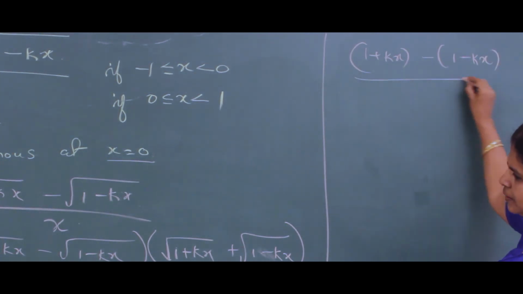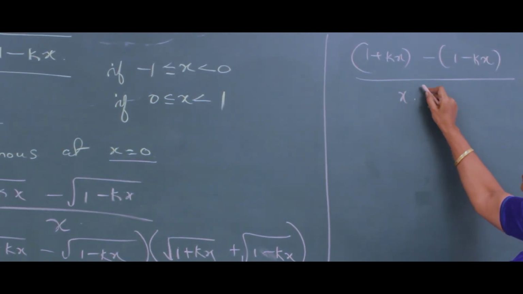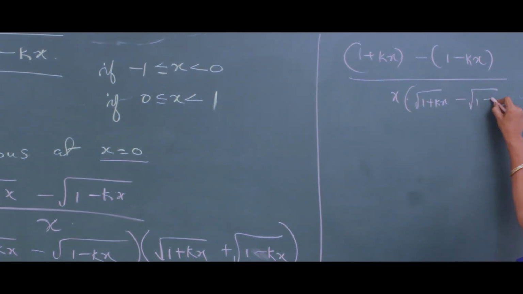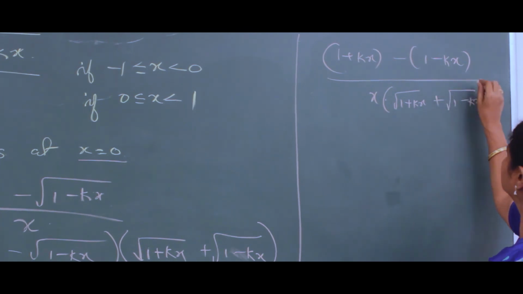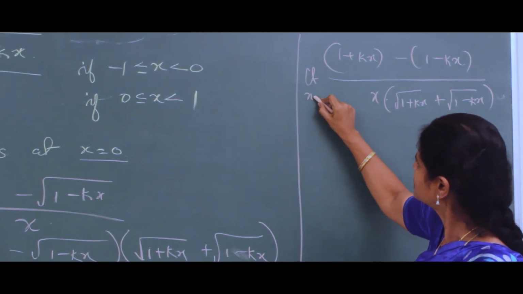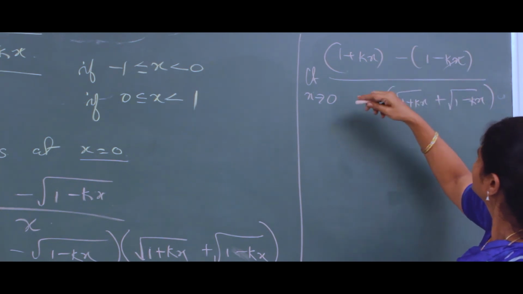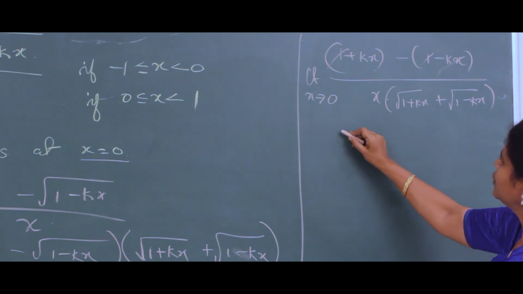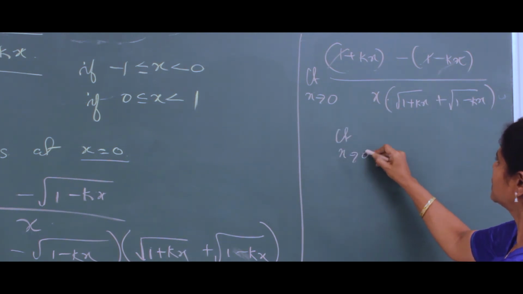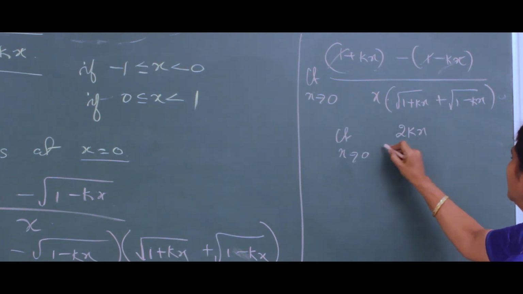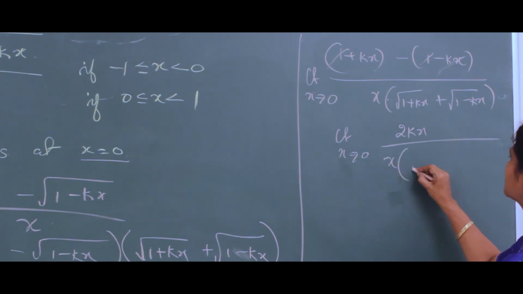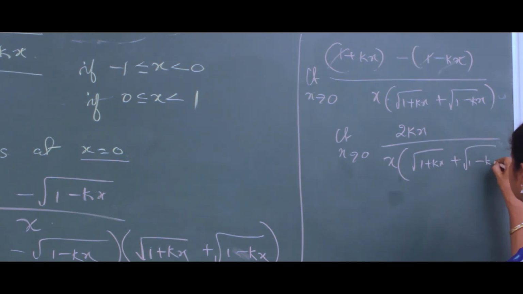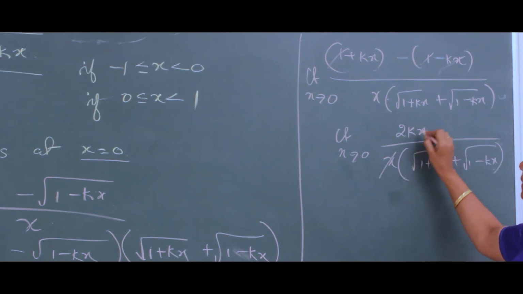The denominator is x into square root of 1 plus kx plus square root of 1 minus kx. As limit x tends to 0, the 1s get cancelled, so the numerator is 2kx divided by x times the sum of the square roots. The x can be cancelled.